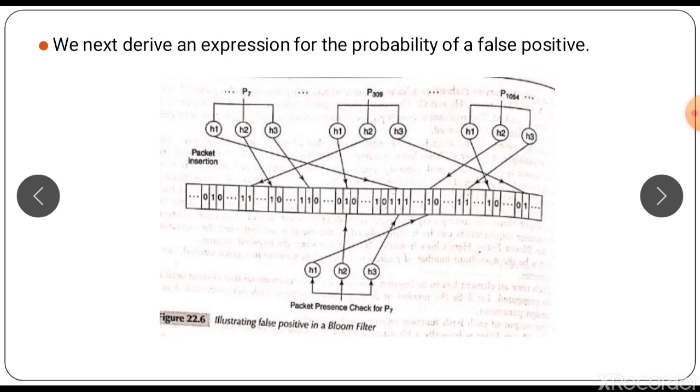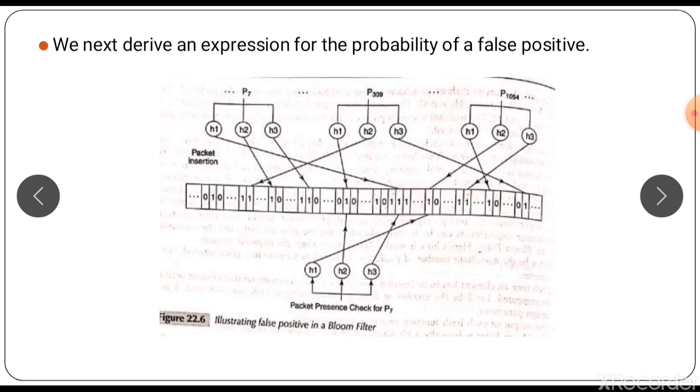Here, these bits have been set respectively by the application of H2 on packet P1054, H1 on packet P309, and H1 on the packet P7 before.